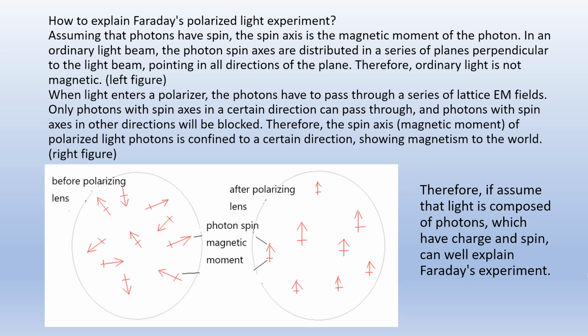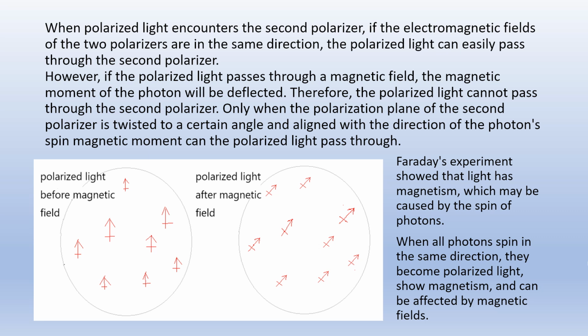When polarized light encounters the second polarizer, if the electromagnetic fields of the two polarizers are in the same direction, the polarized light can easily pass through the second polarizer. However, if the polarized light passes through a magnetic field, the magnetic moment of the photon will be deflected. Therefore, the polarized light cannot pass through the second polarizer.